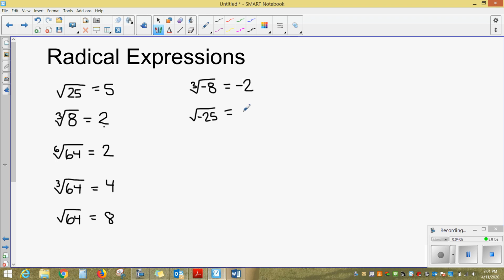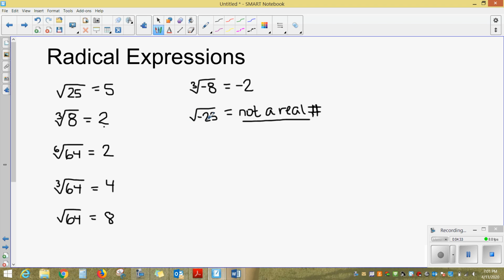But if I try to come up with a number that I take times itself to get -25, I'm not going to be able to come up with one, because no real number squared is ever going to be negative. Some of you know how we're going to define this later on, but all we're going to do in this section initially is say, well, that's not a real number.